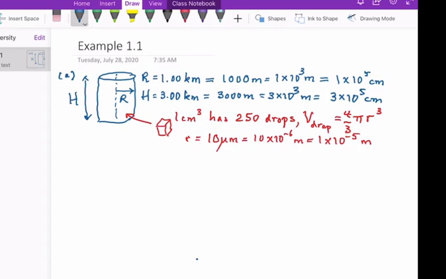Okay, now you have to think a little bit about what we want. We want the total volume of water. We're told that we can think of the cloud as having little water droplets, each being a sphere. We know the formula for each drop, the volume of each drop. So the total volume of water, just got to think about this a little bit.